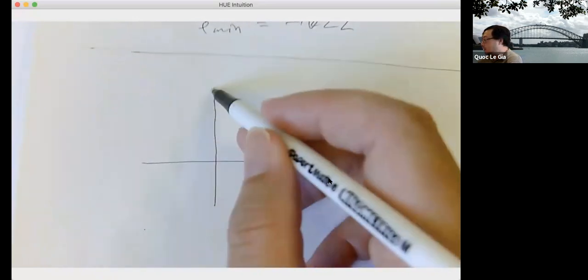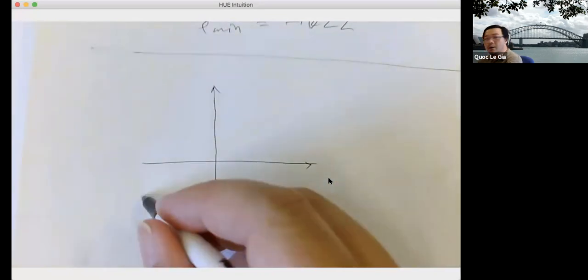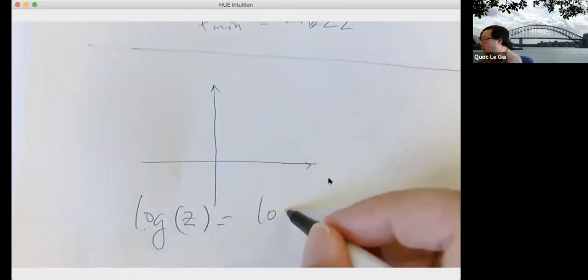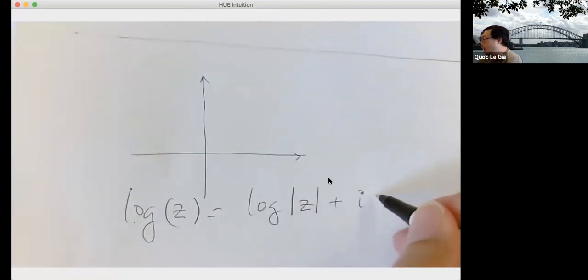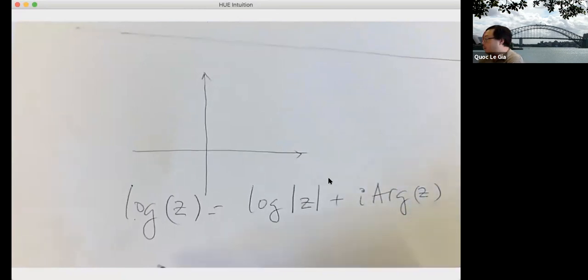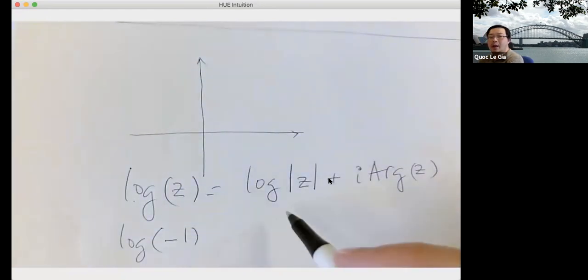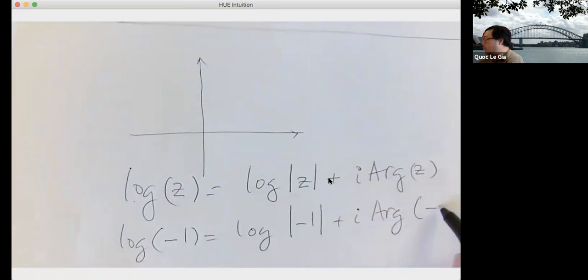In this complex plane, the logarithm of z is defined to be the logarithm of the absolute value of z plus i times the argument of z. Now what is z here? z is minus 1. So the logarithm of minus 1 equals the logarithm of the absolute value of minus 1 plus i times the argument of minus 1.